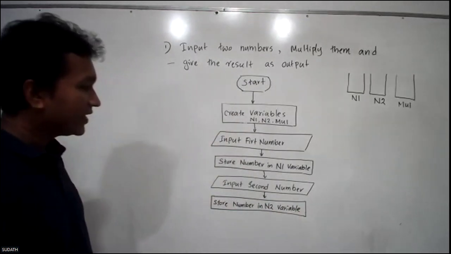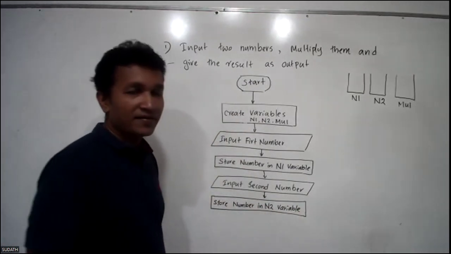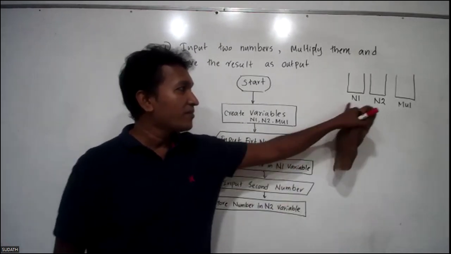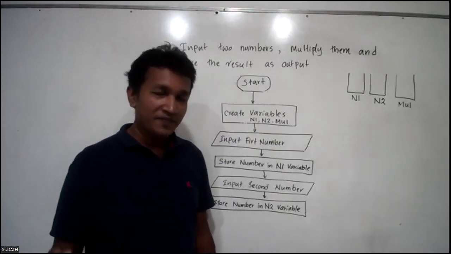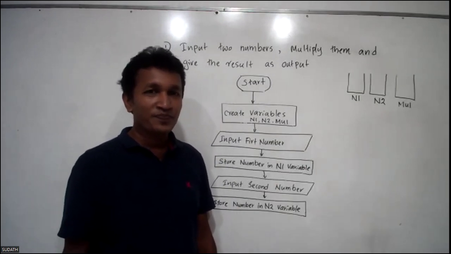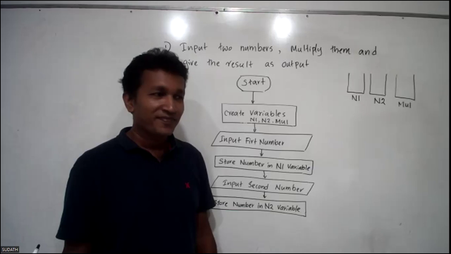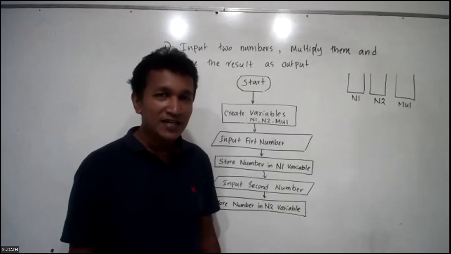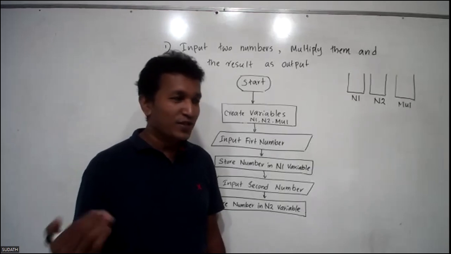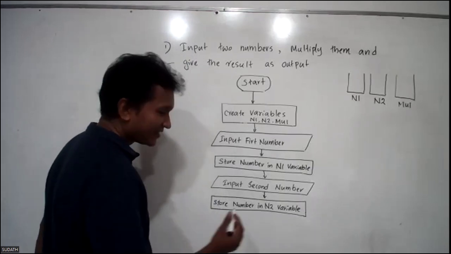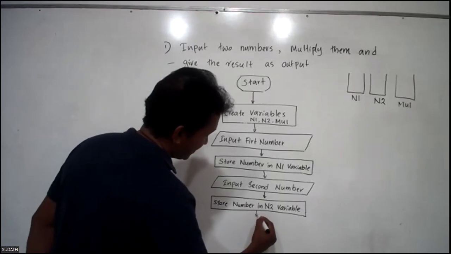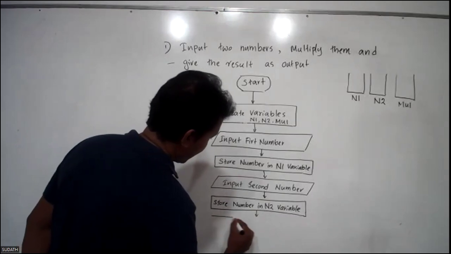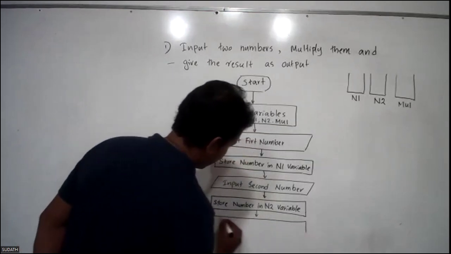Store that number into variable. Now there are two numbers with us, stored in n1 and n2 variables. Then we have to calculate the multiplication. So what is that? Yes, it's a process.